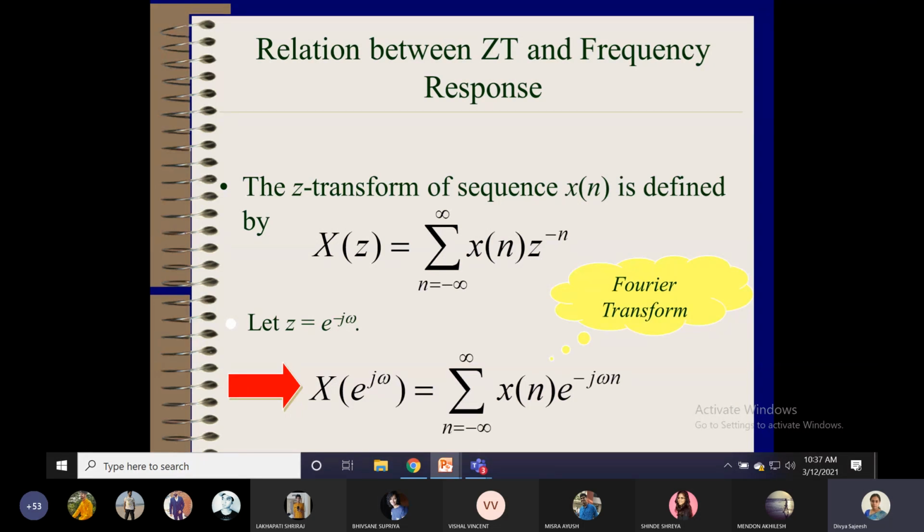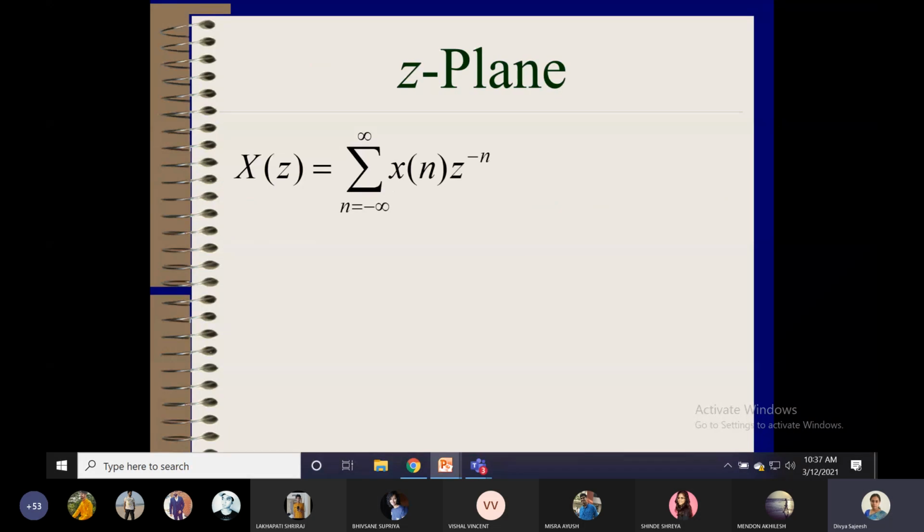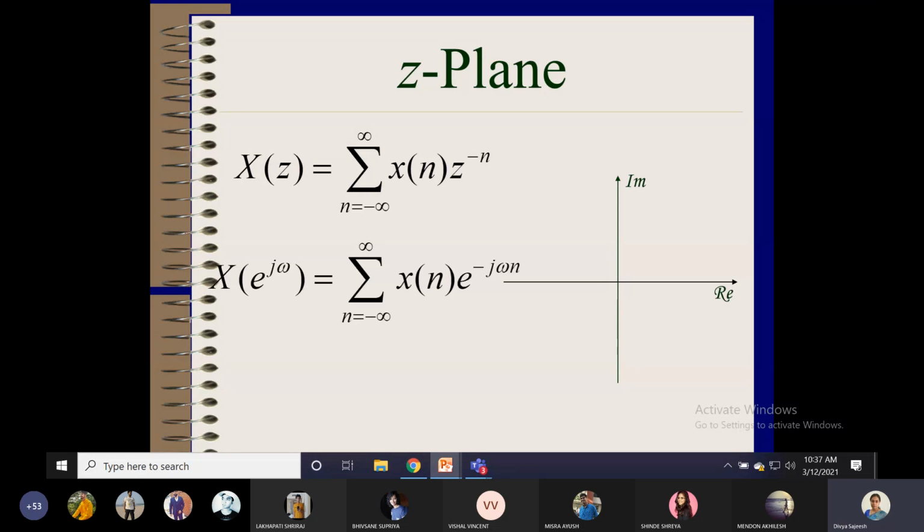That means by putting z equal to e raised to j omega, you obtain the Fourier transform of the signal. Let us see how you obtain this Fourier transform in terms of the z plane. If I plot this X of e raised to j omega.